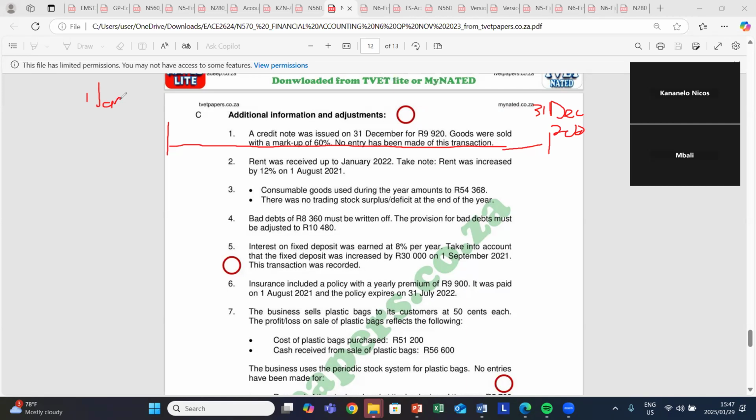Interest on fixed deposit was earned at 8% per annum. Take into account that the fixed deposit was increased by 30,000 on the 1st of September. Just like rent, as I've said, the 1st of September, you will highlight it. We increased our fixed deposit by how much? By 30,000.